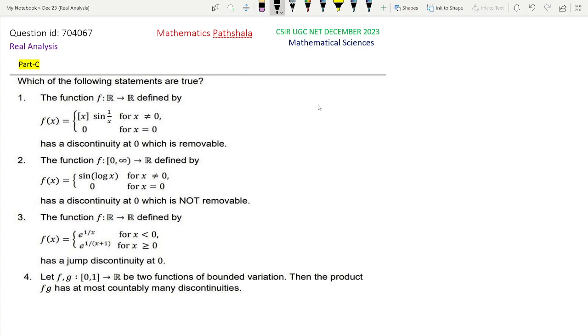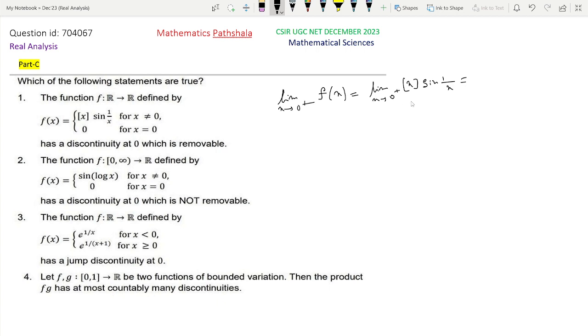For this we now calculate the limit as x tends to 0 plus of f(x), which equals the limit as x tends to 0 plus of |x| sin(1/x).